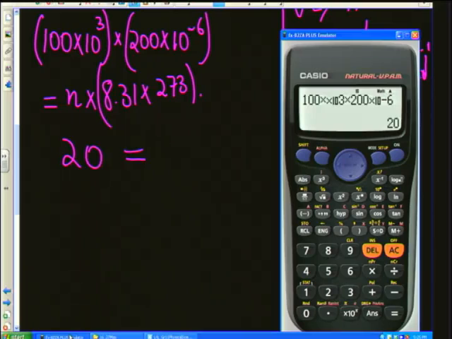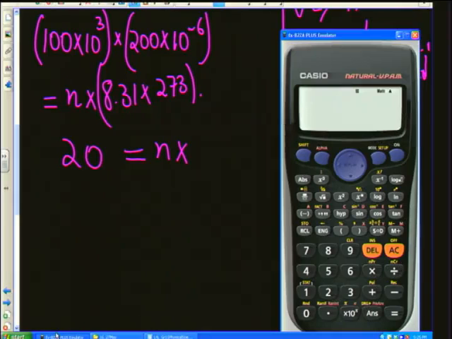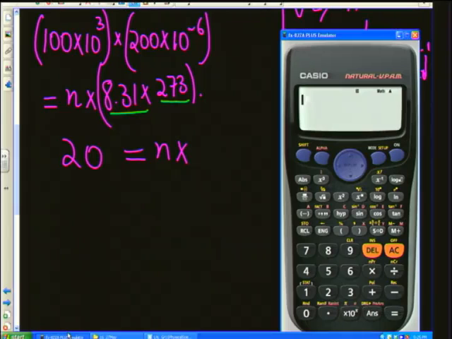And the right-hand side, I can simplify it. You have n times 8.31 times 273, the Kelvin temperature. You have got 2268.63.